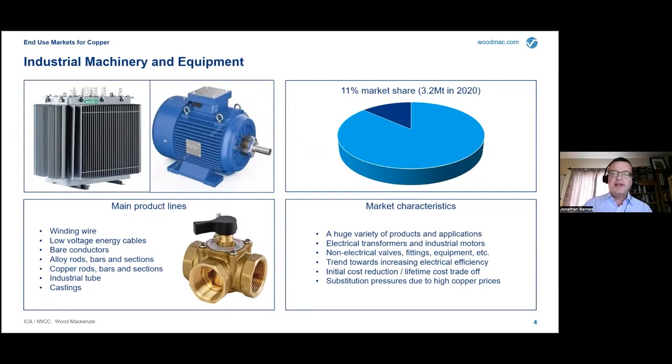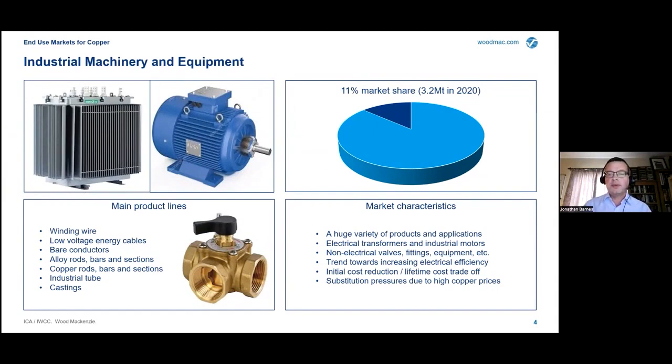Characteristics, well, there's really a huge variety of products and applications within this segment. The main dividing point is really between electrical equipment, mainly transformers and industrial motors, such as the pictures that you see top left, and then also these non-electrical valves, fitting and equipment.